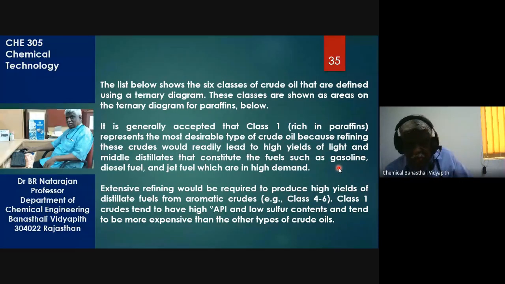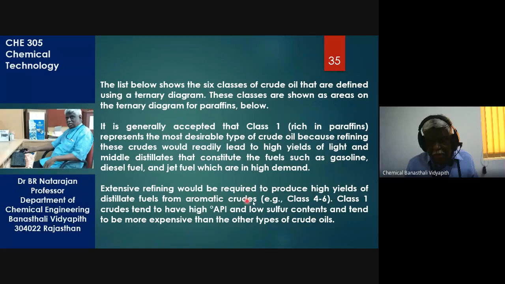Extensive refining will be required to handle the aromatic structures. Class 1 crudes have higher degree API. API is the American Petroleum Institute measurement, right? You have done it in chemical process calculations. They have low sulfur content and tend to be more expensive than other types of crude oil. So class 1 is the best and it is the most expensive also.